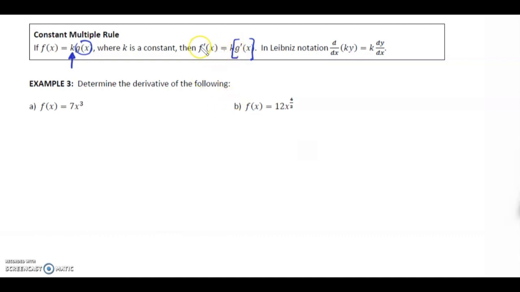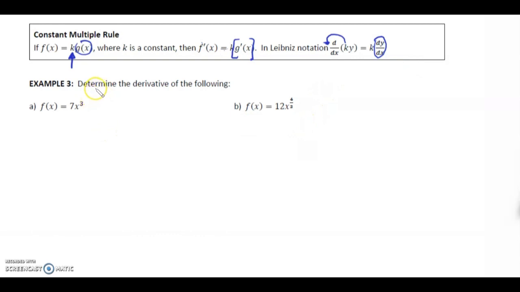So f prime at x equals k g prime at x. And in Leibniz notation, if we're doing d by dx of ky, then this equals k, because we're basically pulling the k in front and leaving it as a constant, and then we're going to find the derivative dy by dx.